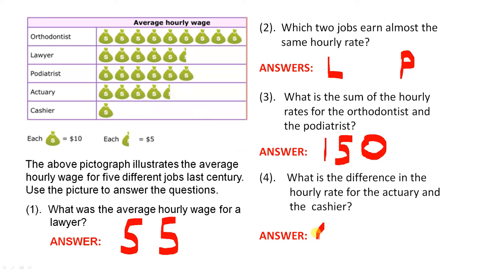So the actuary is 45. Take away, that's what difference is, take away, 10. And the answer is 35. So there's some good illustrations on how to use pictographs to solve problems.